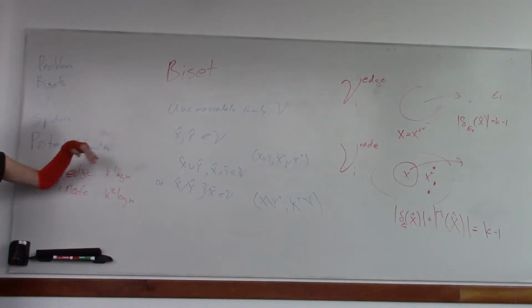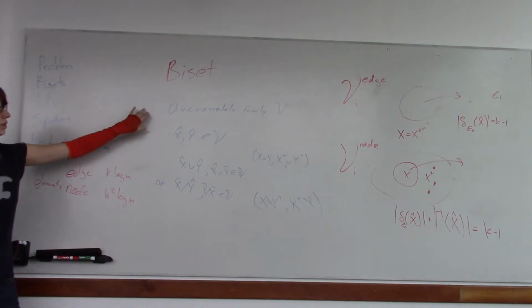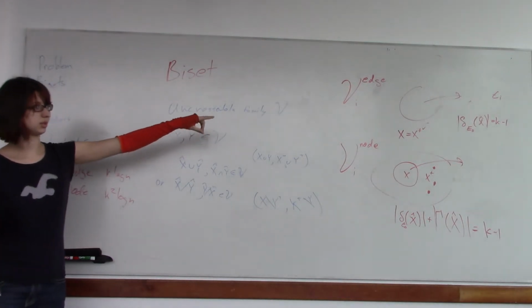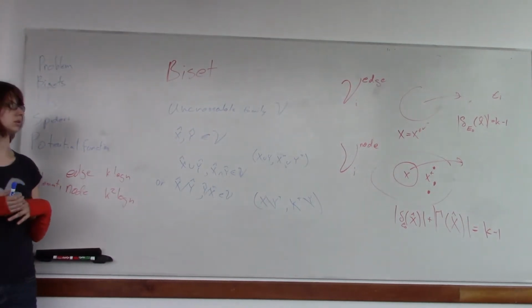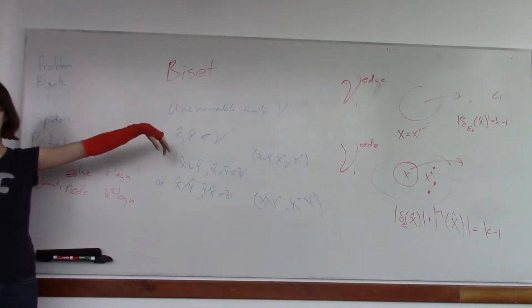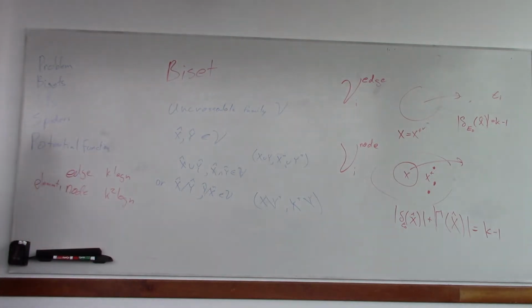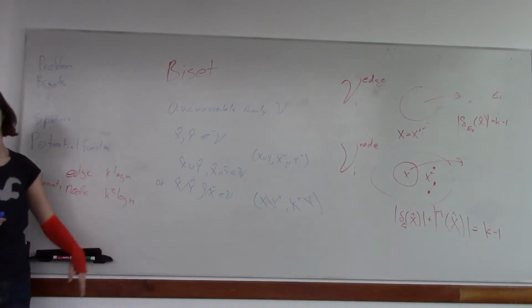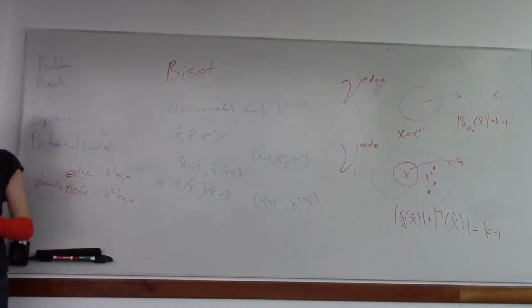And so basically, if we take all of the VI edges, then we know that that family is uncrossable. So it's not just one VI, but the union of all the VI edges, that is an uncrossable family. So union over all I.